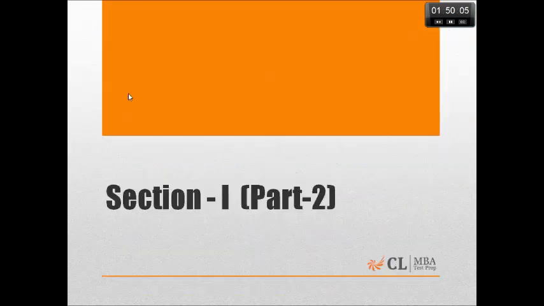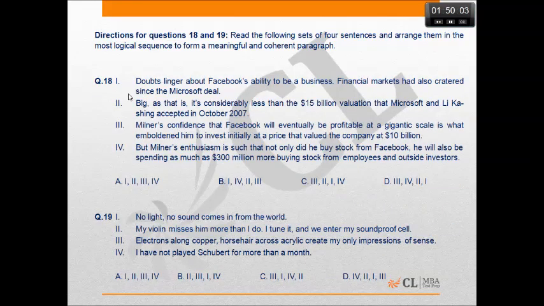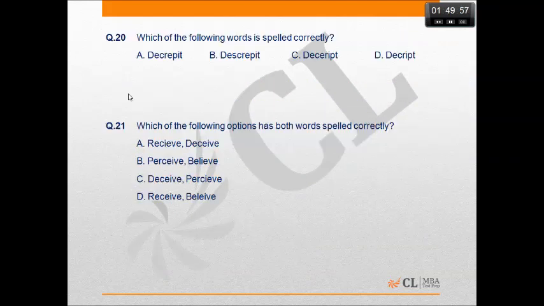Okay, here I will first do the fill in the blanks kind of questions. Which of the following is spelled correctly? This is my weakest area. I know this is wrong. Decrepit, this is not the answer. It should be CR, so CRI or CEP?